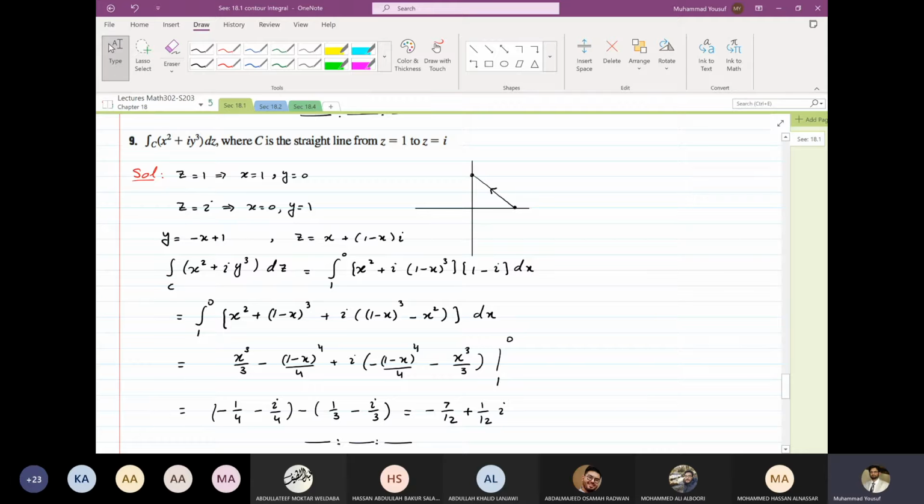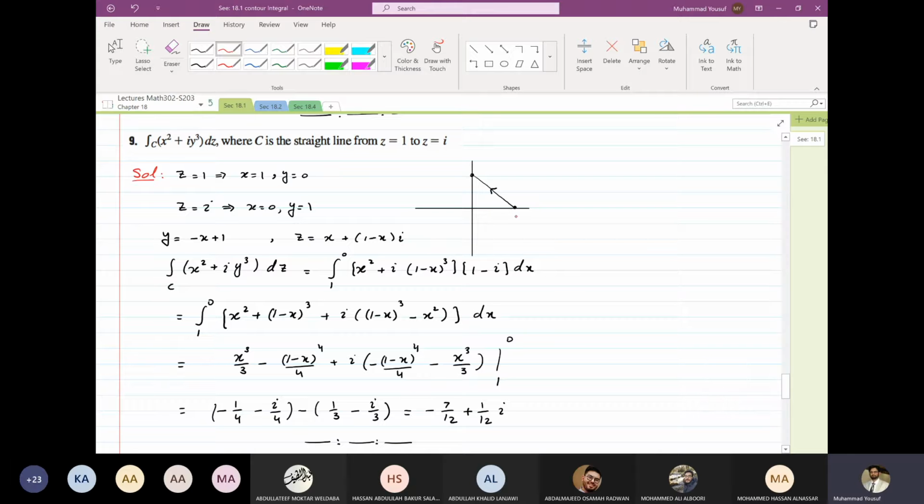C is this straight line from z equal to 1. When we say z equal to 1, it means the x component is 1 and the y component is 0, because z equal to 1 is real, no i. So x equal to 1, y equal to 0 is this point.